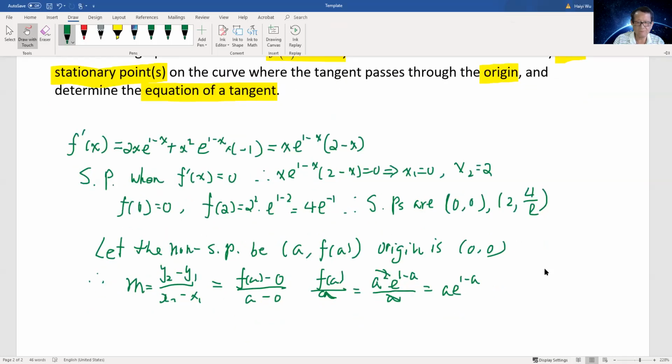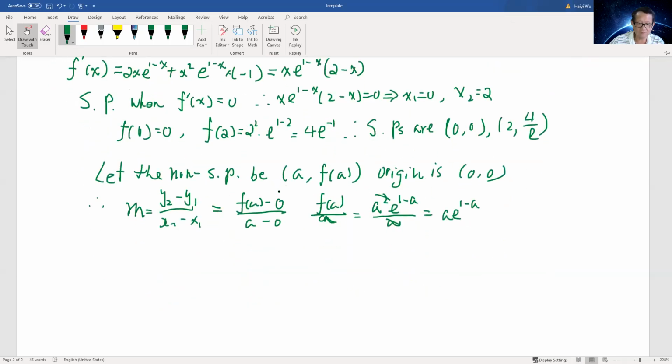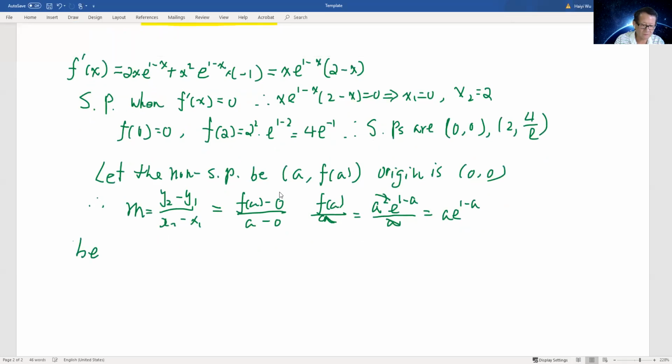But at this point, a is a non-stationary point.